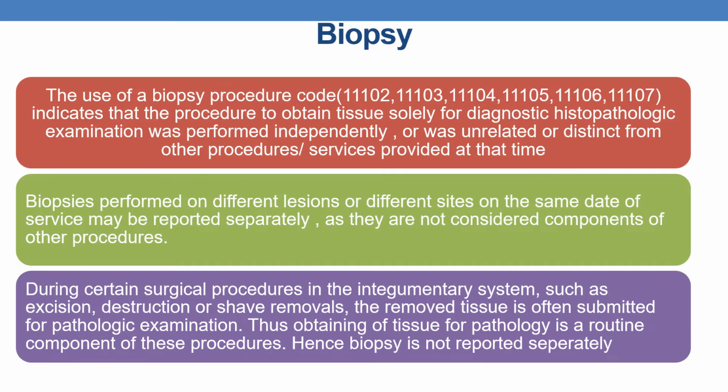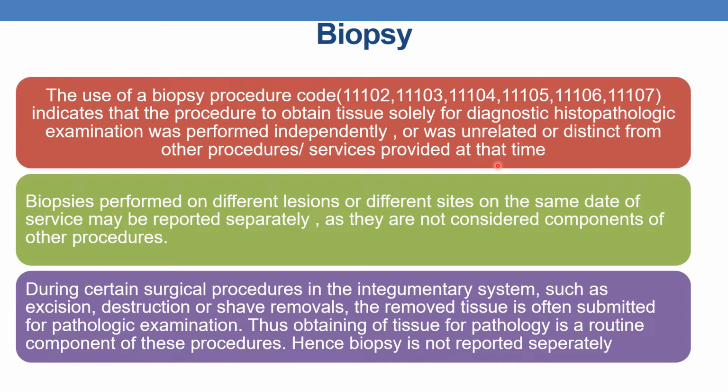Now coming to the next topic, biopsy. The use of biopsy procedure codes, that is 11102, 11103, 11104, 11105, 11106 and 11107, indicates that the procedure to obtain tissue is solely for diagnostic histopathological examination and was performed independently and unrelated or distinct from other procedures or services provided at that time.